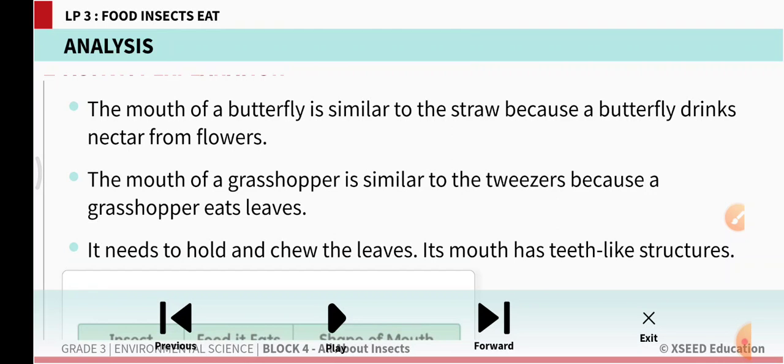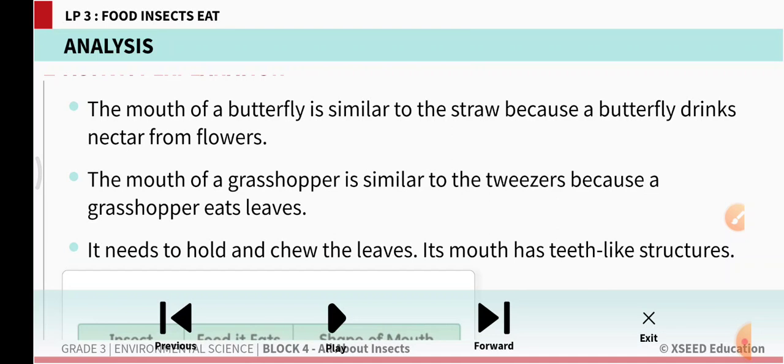So the butterfly, which has a straw-like mouth structure, uses its mouth to suck the nectar from the flowers, whereas the grasshopper, which has teeth-like structures, uses its tweezers-like mouth to eat the leaves.